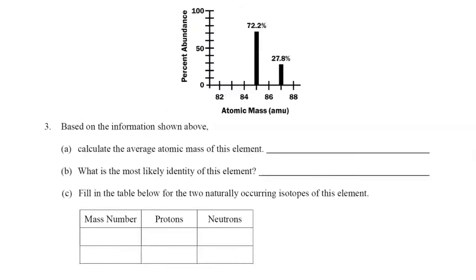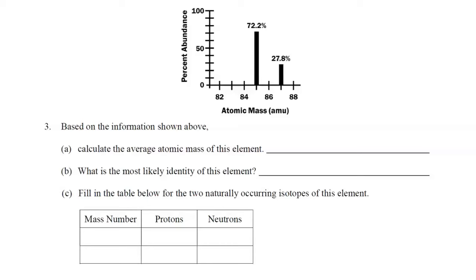Okay, let's take a look at number 3. Based on the information above, this is a mass spectrum for an element, and we don't know at this point what the identity of the element is yet. Part A, calculate the average atomic mass of this element. So I see 1 peak at mass number 85, and the abundance is 72.2%.